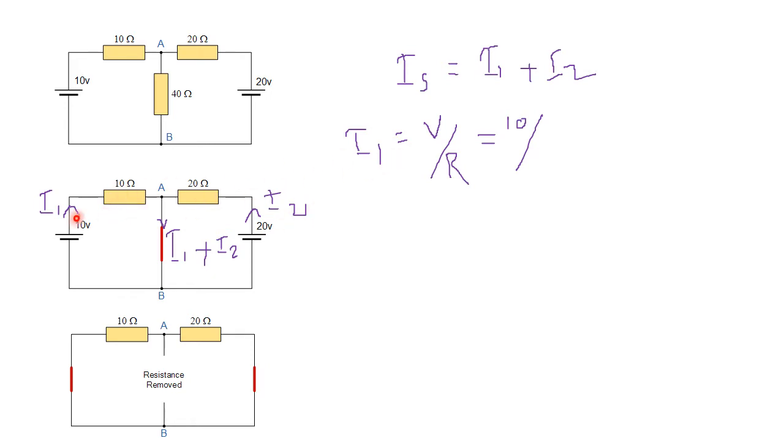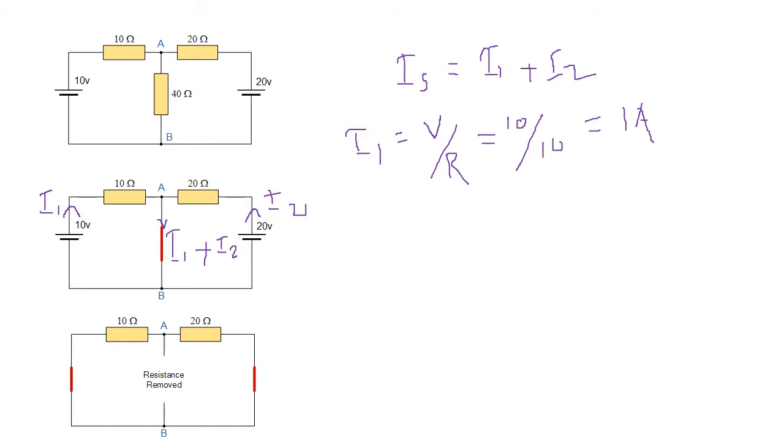Therefore, to find the current flowing through this 10 volt battery, we divide the voltage by the resistance value. So 10 over 10, and I1 will be equal to 1 ampere.